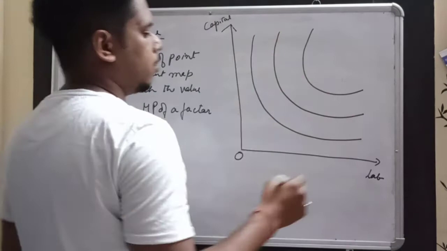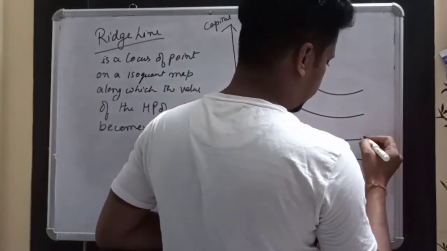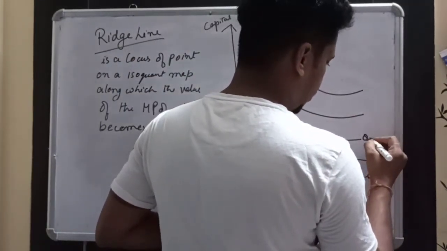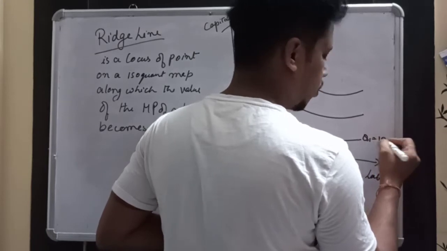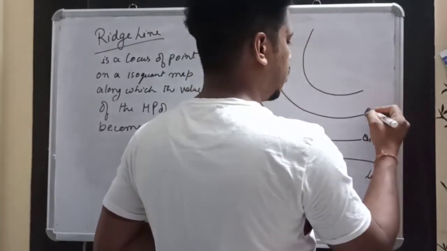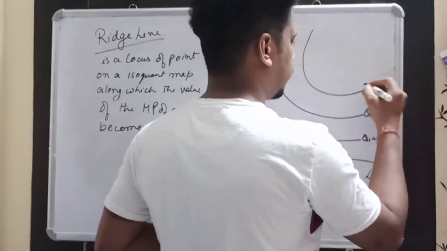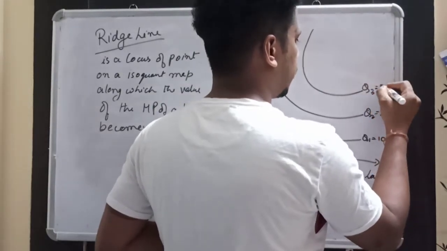Now this is the first isoquant denoted by Q1, showing us 10 level of output, Q2 20 level of output, and Q3 30 level of output.